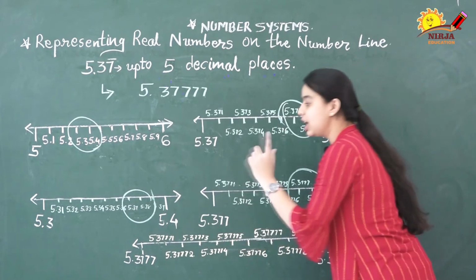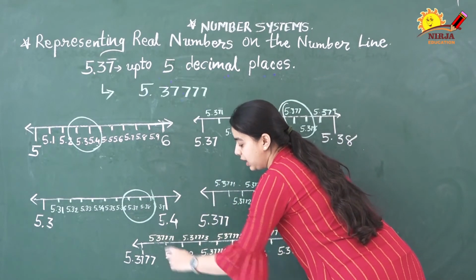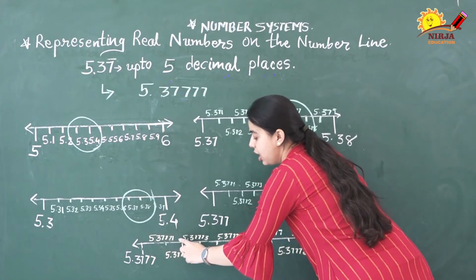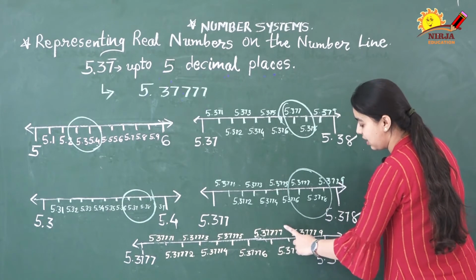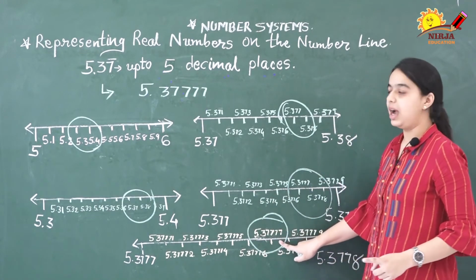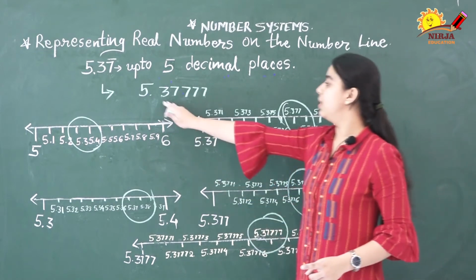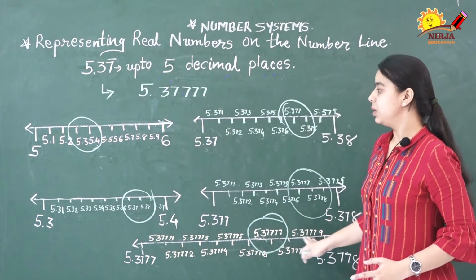Now you can see here we got the decimal expansion up to 5 places, 1, 2, 3, 4, 5, and our number 5.37777 is here. So this is the place on the number line where you can locate your number 5.37 repeating, up to 5 decimal places.